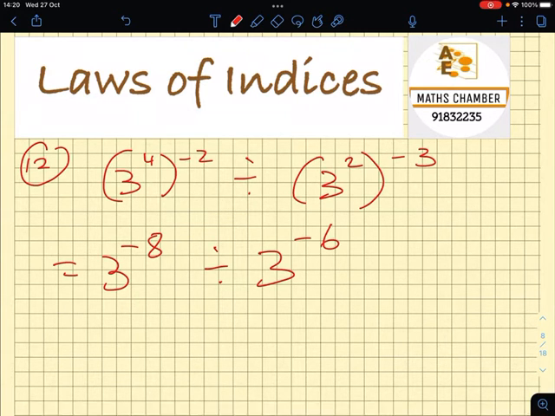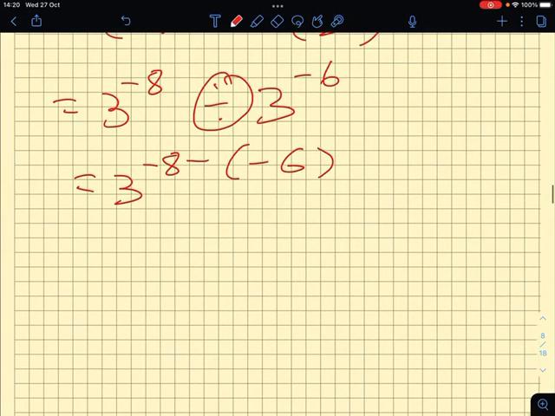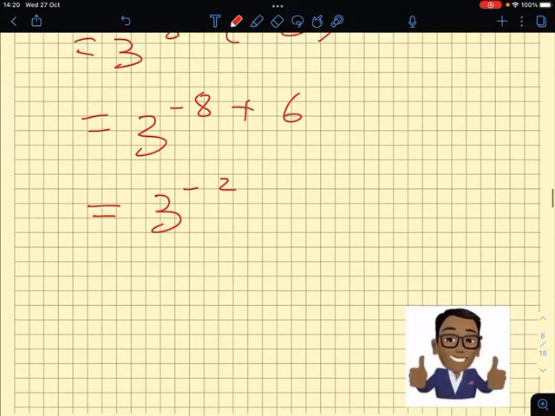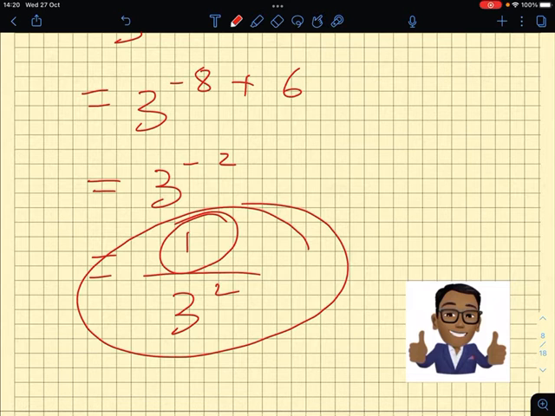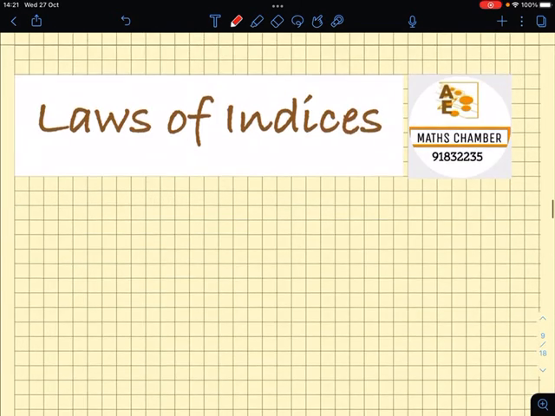So 3 to the power of negative 8 divided by, so you subtract negative 6. See? So negative 8 minus negative 6 is negative 8 plus 6, which gives you 3 to the power of negative 2. Make it a positive index: 1 over 3 squared. Always remember the denominator must be 1. Okay, let's go to number 13.